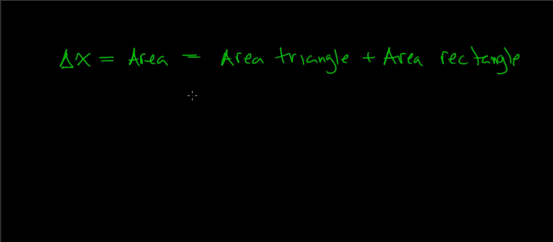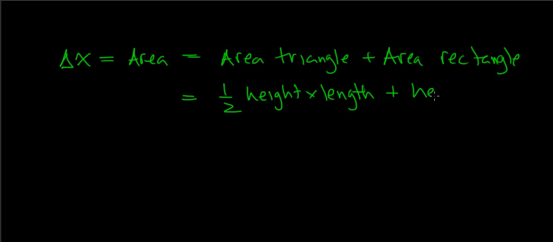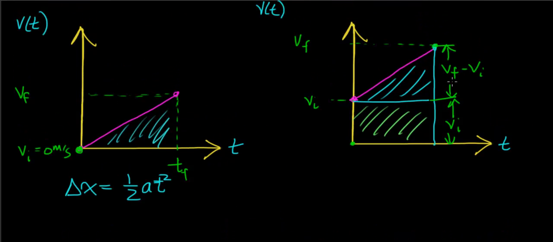Now in this case, the area of a triangle, you know, is 1/2 the height of the triangle times the length of the triangle, plus the area of a rectangle, which is going to be the height of the rectangle times the length. Now in the case of the triangle, the height of the triangle is v final minus v initial, and the length is going to be our change in time.